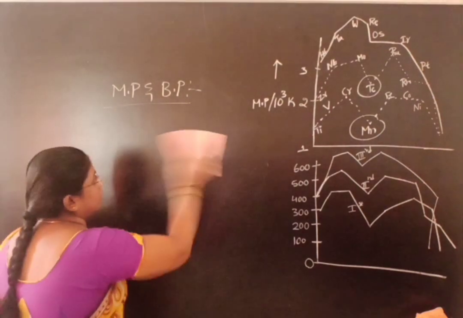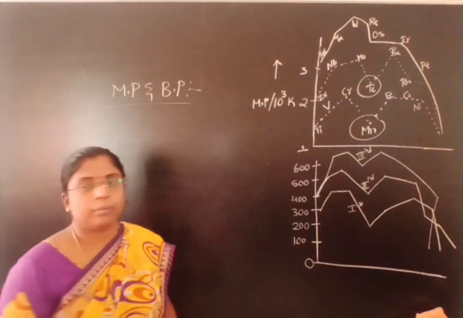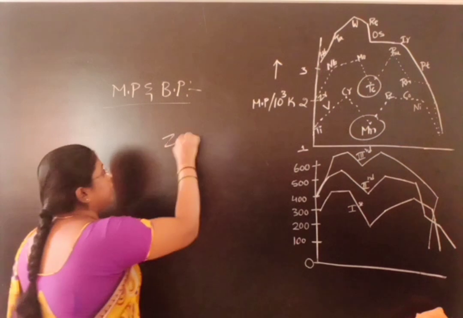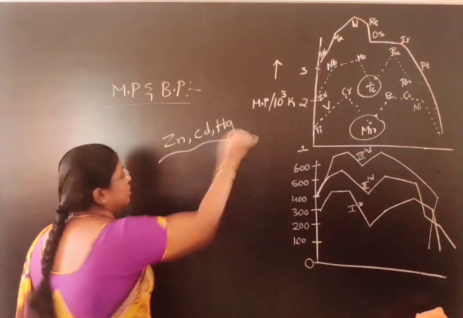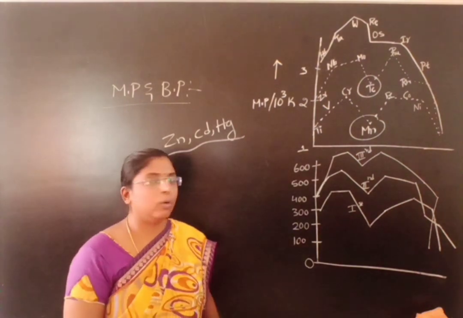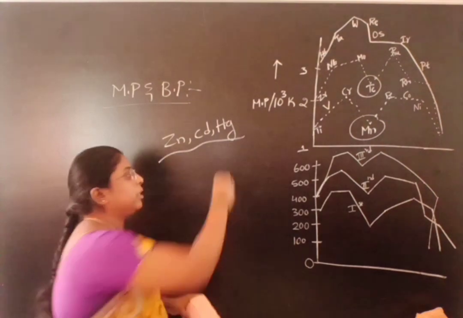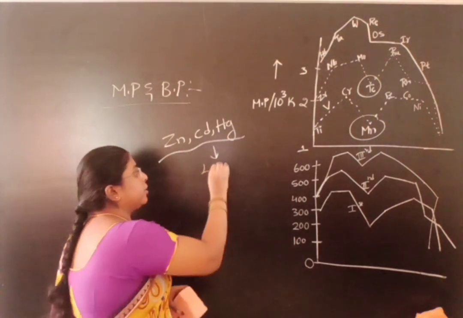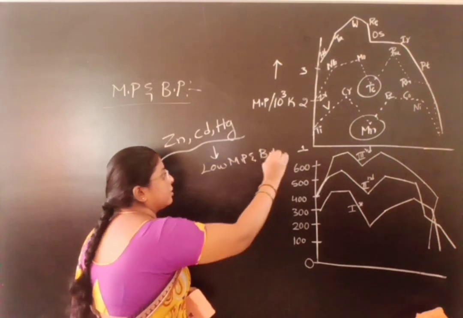Here, the last elements are the pseudo transition elements: zinc, cadmium and mercury. The pseudo transition elements have low melting points as well as boiling points. The low melting and boiling points are due to weak metallic interactions.